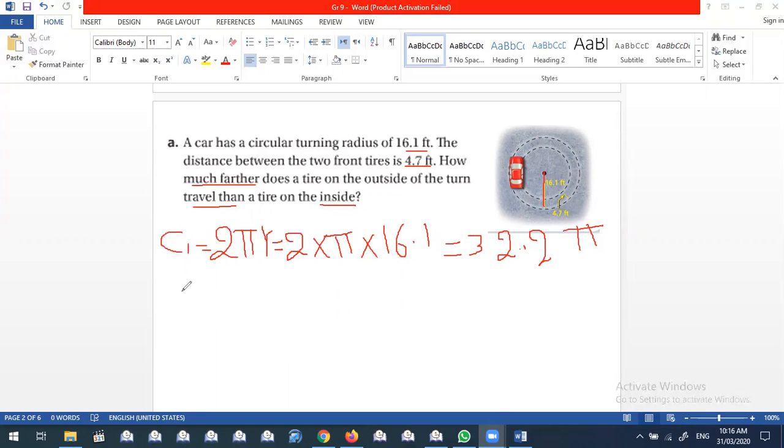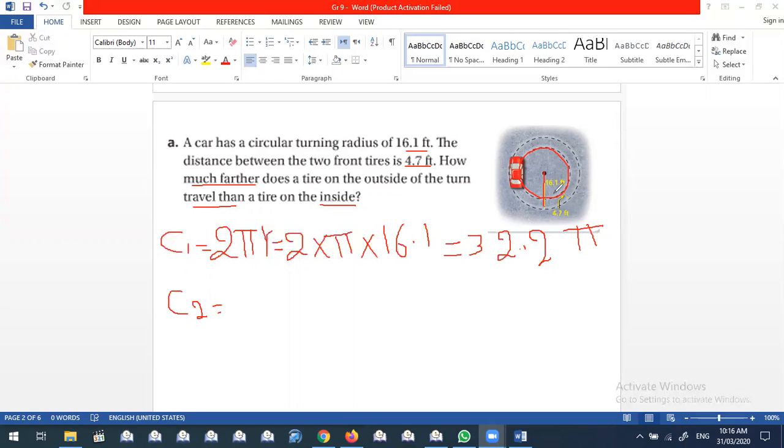After that, we need to find the circumference of the inner circle, this circle. We need to find the radius of it. From here to here is 16.1, and this part is 4.7.